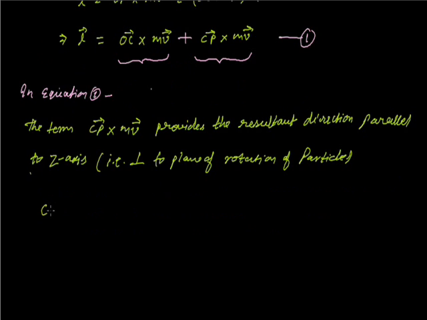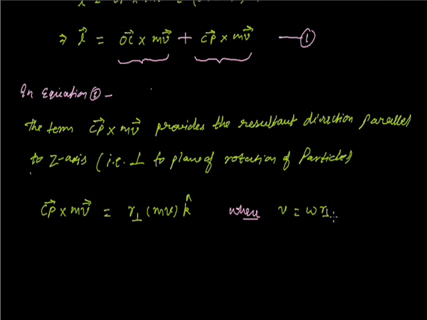So the product Cp cross mv provides the relation R perpendicular multiplied by mv in the direction of the z axis, which we denote by unit vector k cap, where v equals omega R perpendicular.